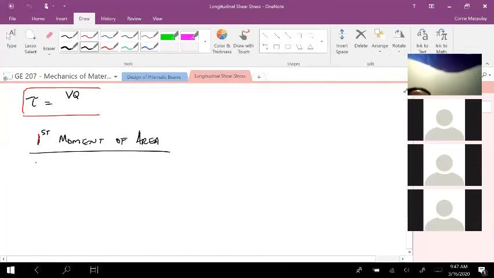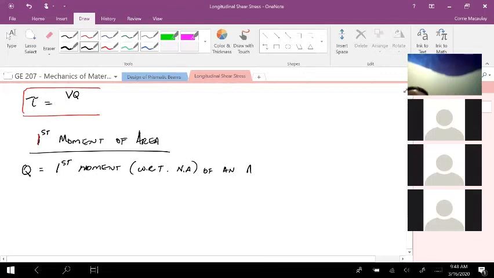You all know Q now is the first moment, with respect to the neutral axis, of an area above or below the point at which shear stress is calculated.